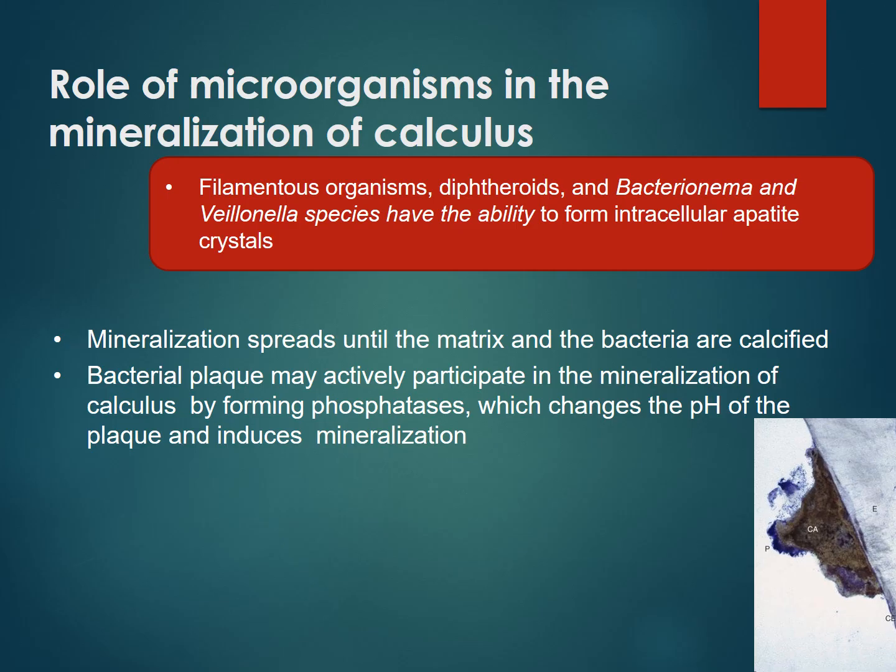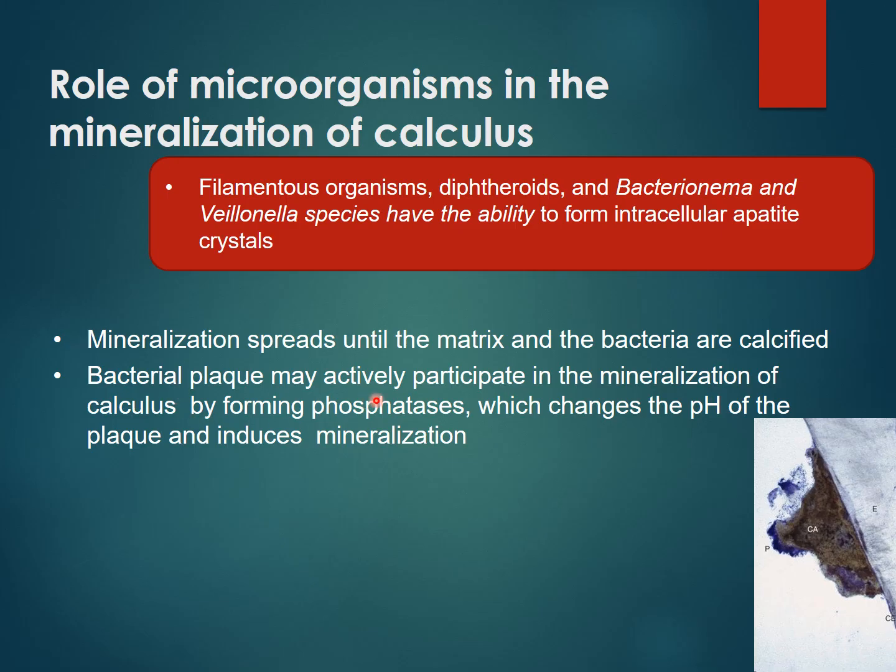Coming to the role of microorganisms in the mineralization of calculus, we have already said that it is not necessary for microorganisms to be present for the formation of calculus, but we have found that several organisms are associated with the formation of calculus. Filamentous organisms, diphtheroids, Bacterionema and Veillonella species have the ability to form intercellular aggregate crystals. Mineralization spreads until the matrix and the bacteria are calcified.